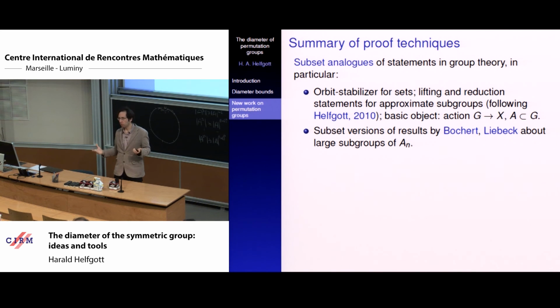So in groups, the action matters a very great deal. You already get some interesting things when you just consider the action consisting of multiplication on the left or on the right. But things really get going when you consider the action by conjugation. And that's a very interesting action of the group on itself, because the orbits are interesting, they are conjugacy classes, and because the centralizers are interesting, they are commutators.